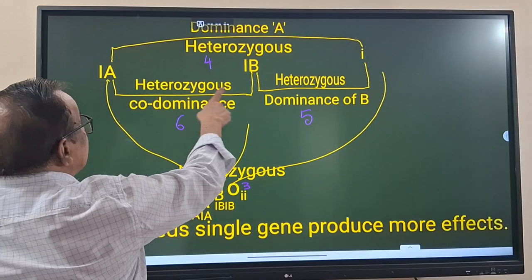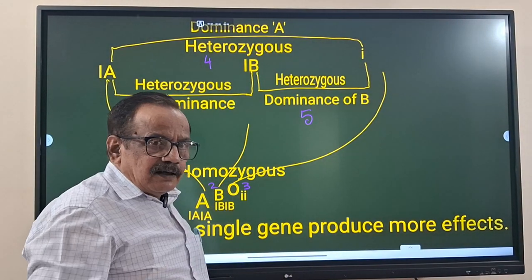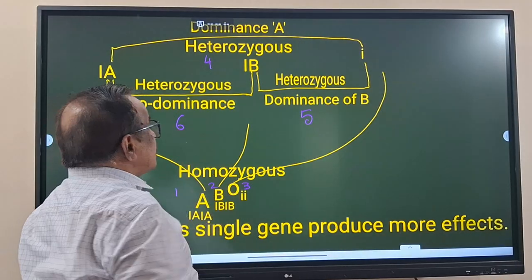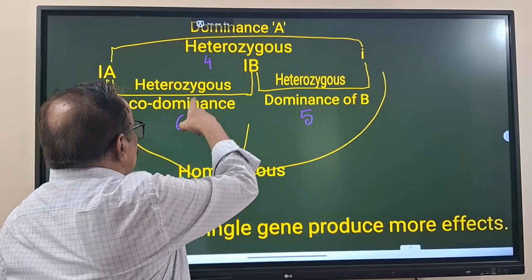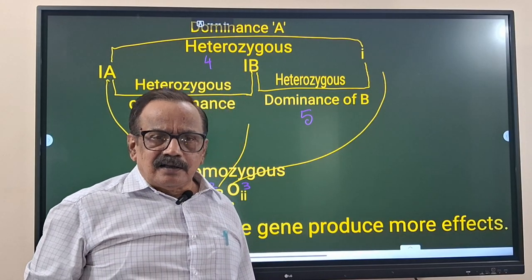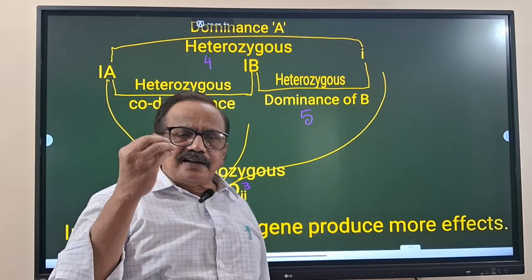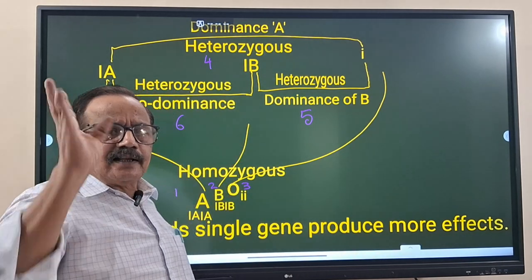Dominance and codominance are both explained in this. I think if you write this, you can easily read it.